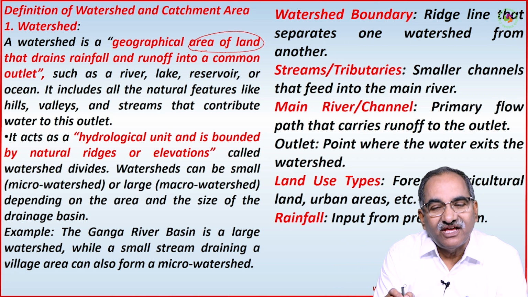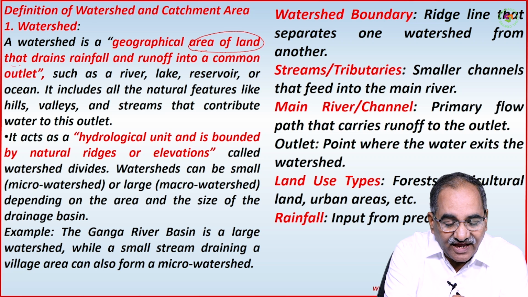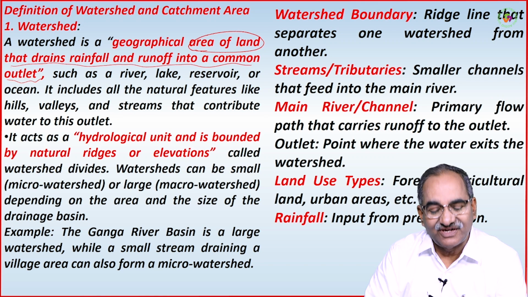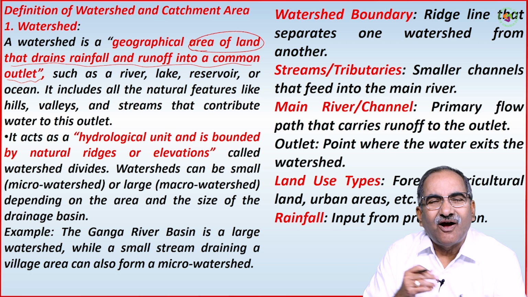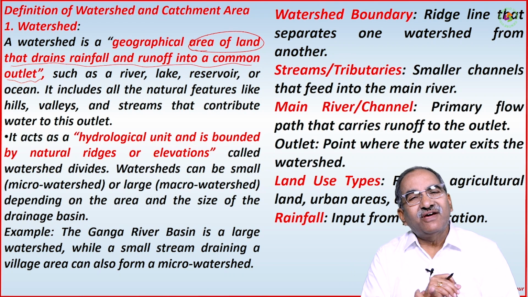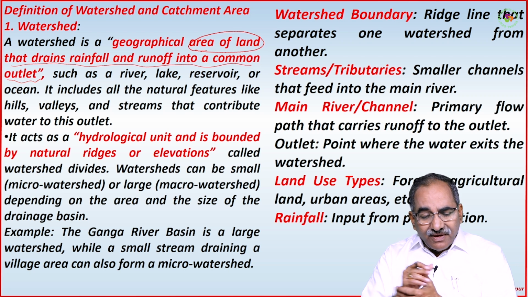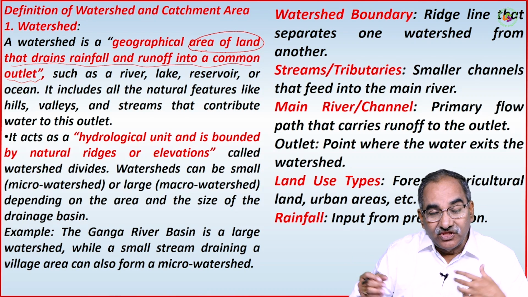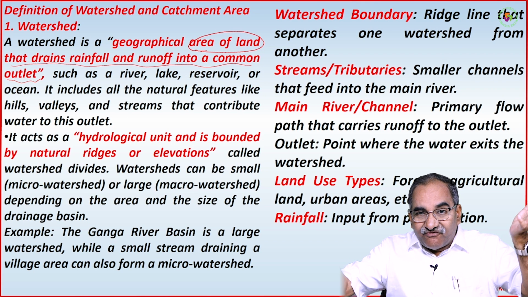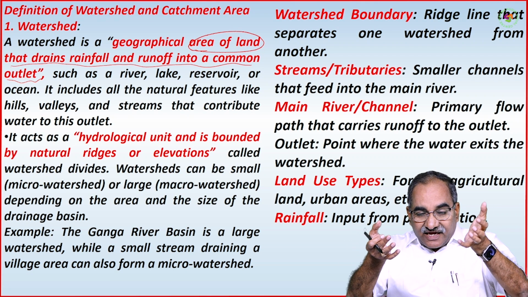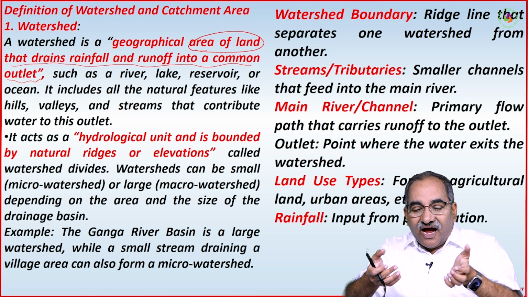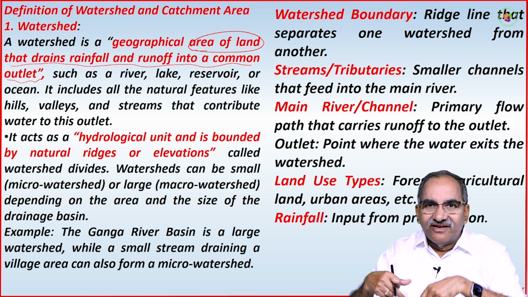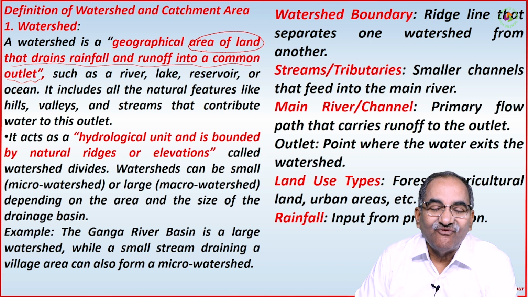It is the geographical area of land that drains rainfall and runoff into a common outlet. What is that common outlet? Maybe a river, a lake, a reservoir, or finally maybe an ocean also. So the area of land from where the entire runoff is collected or drained off and reaches a common outlet, that entire area is what we call the watershed.